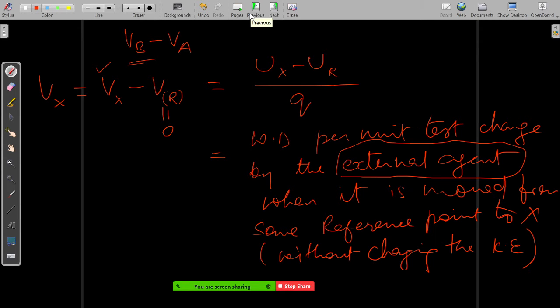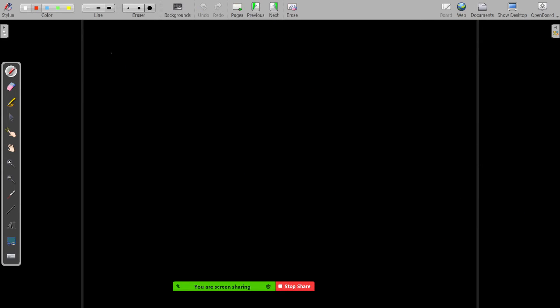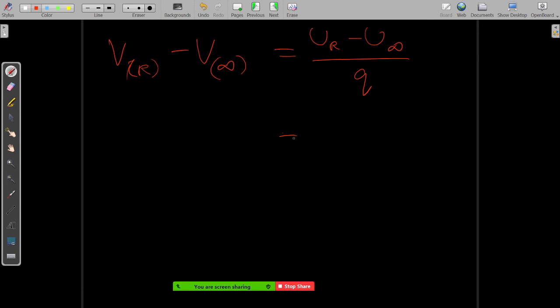Similarly, if I want to find it at r, you can take the reference point at infinity, and write the work done from infinity divided by the test charge. You will again get the same thing: Q by 4 pi epsilon naught r.